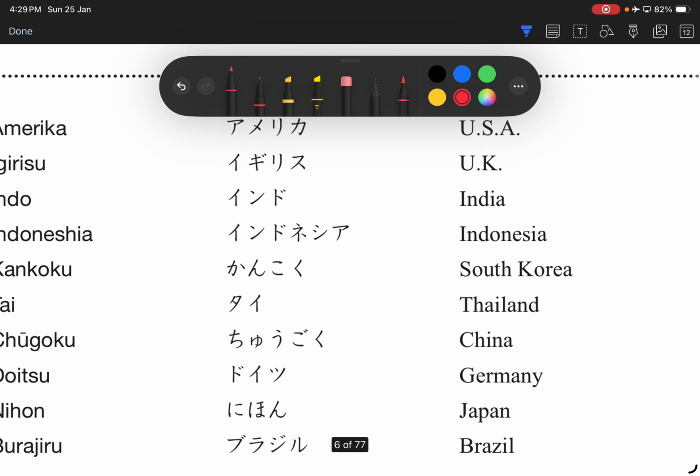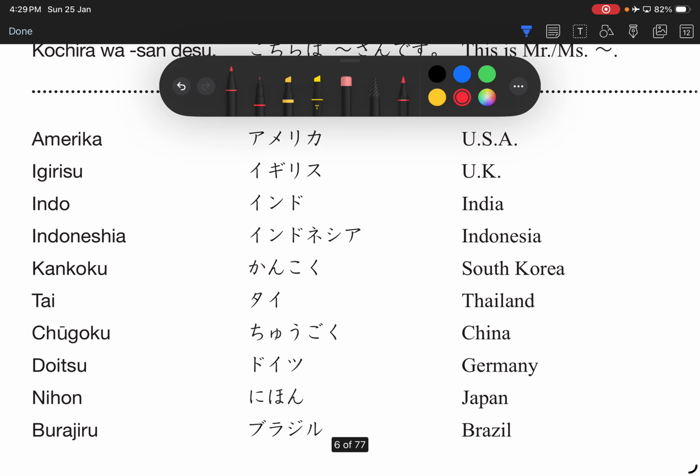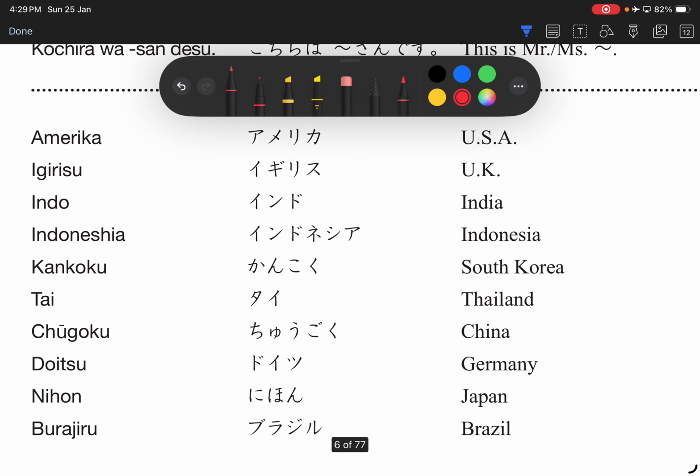You can see that because these are foreign countries, the way we write them in Japanese is in the katakana system. So whatever you see here is all in the katakana system, with the exception of Korea, China, and Japan.